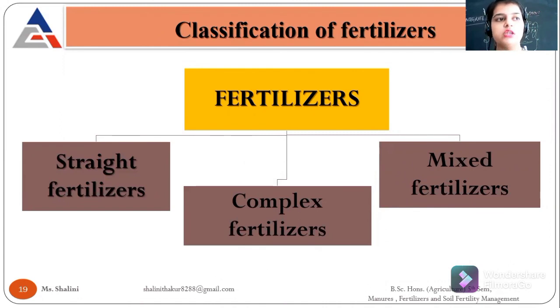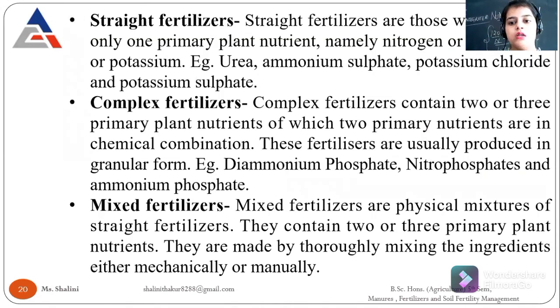In DAP the nitrogen content is 18% and the phosphorus content is 46%. If I talk about high analysis fertilizer, it contains more than 25% of the essential primary nutrients. The example is urea. It contains 46% of nitrogen, so it comes under high analysis fertilizer.